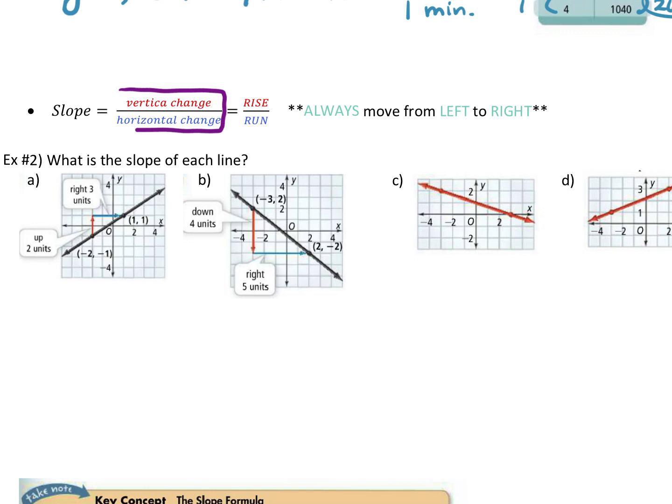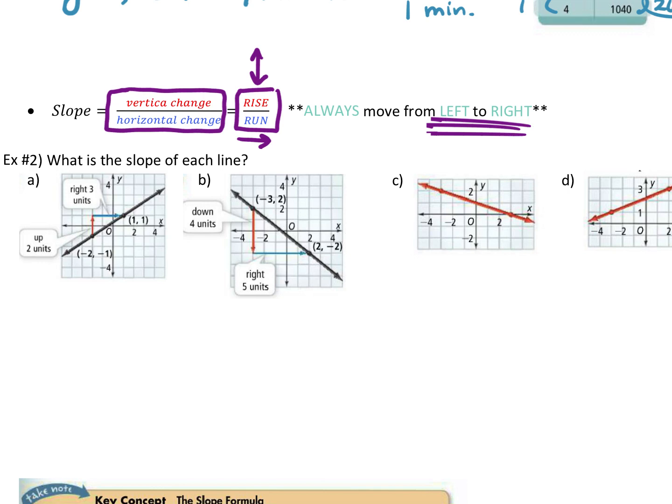It's your vertical change over your horizontal change, or it's your rise over your run. Rise meaning I can go up or down, but here's the thing. The run should always go from left to right, okay? Always left to right. Could you find it going right to left? Yes, but then you have to flip the other part of it too, and it just is a bad practice because people make silly mistakes.